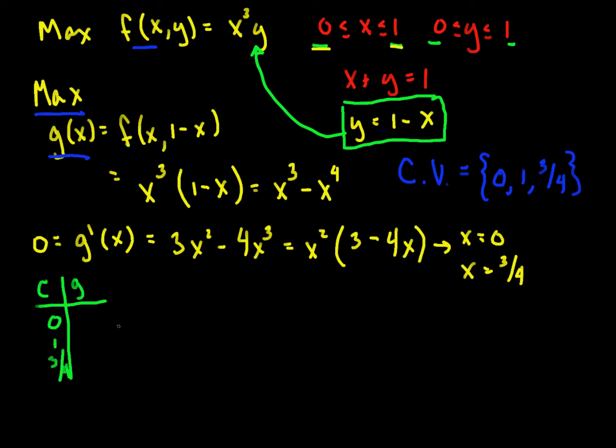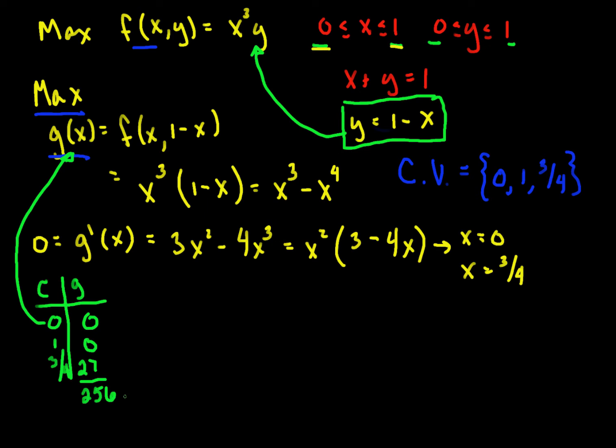If I put 0 in my function, I get 0. If I put 1 in my function, I'll get 0. Remember, I'm putting these numbers into g. So clearly, if I put 0 in here, it's 0. If I put 1 in there, it's 0. And then if I put 3/4 in there, I won't bore you with the calculations, I did this offline, but it'll be 27 over 256.